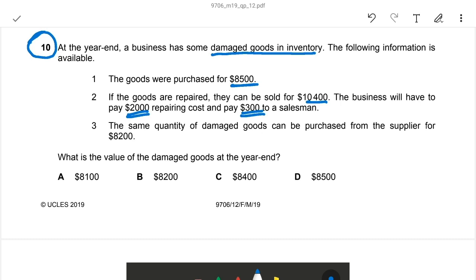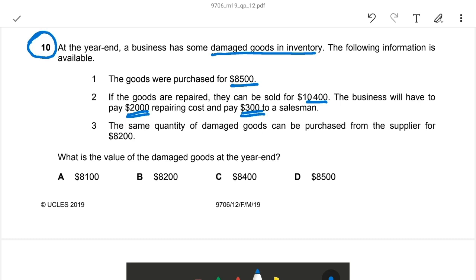The same quantity of damaged goods can be purchased from the supplier for 8,200. So what is the value of the damaged goods at the year end?